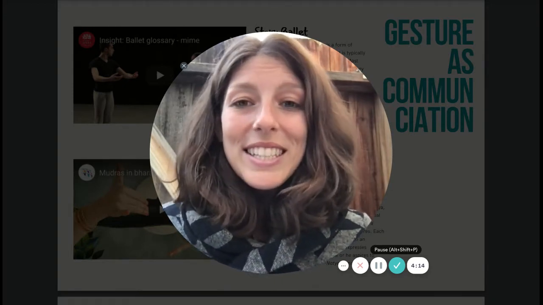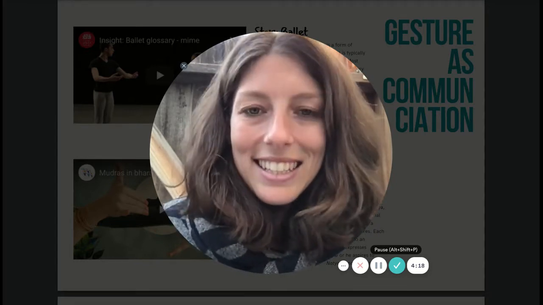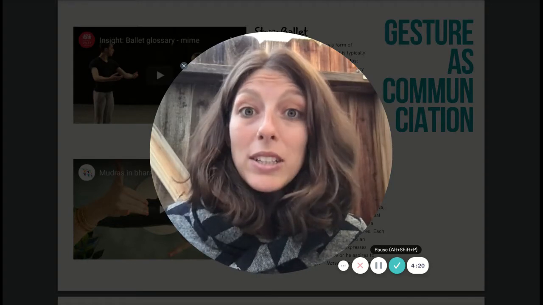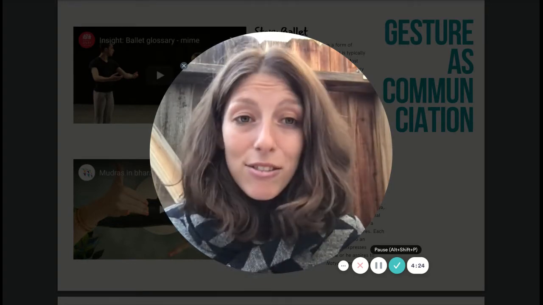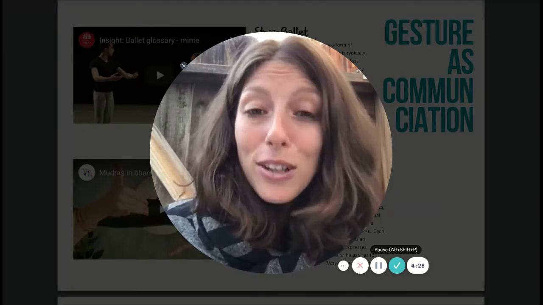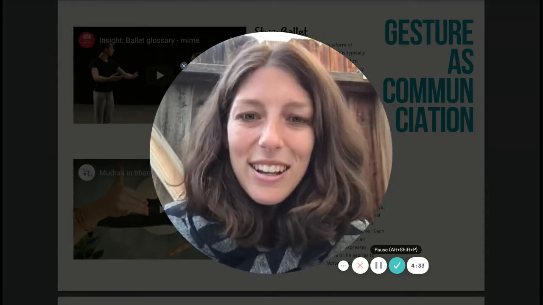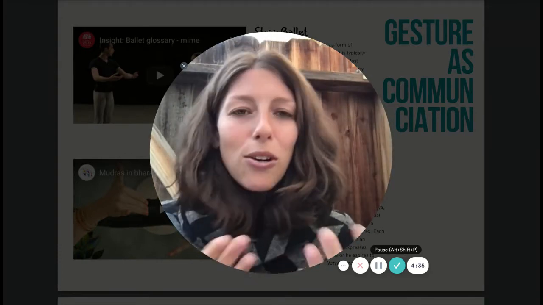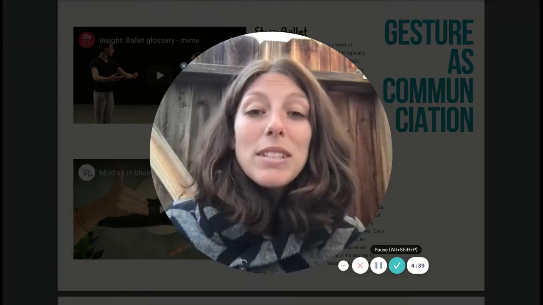So now let's take a look at some uses of gesture in dance. I remember when we watched Appalachian Spring a couple of weeks ago when we were talking about narrative, gesture was one of the tools that choreographers use to express a story. Because gesture is so universally recognized by people, it can help tell stories.